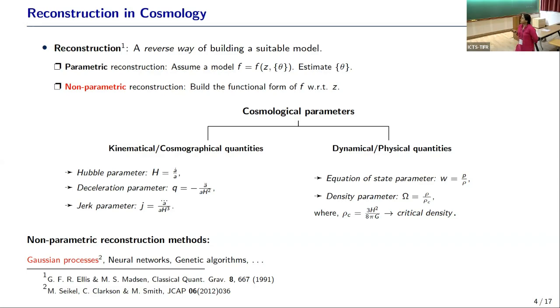The main cosmological parameters involved in this game of reconstruction can be broadly divided into two categories: the kinematical or cosmographical quantities, which are defined as time derivatives of the scale factor, and the dynamical or physical quantities in the Friedmann equations. There are therefore non-parametric methods for reconstruction. Today I'll be mostly focusing on Gaussian processes.